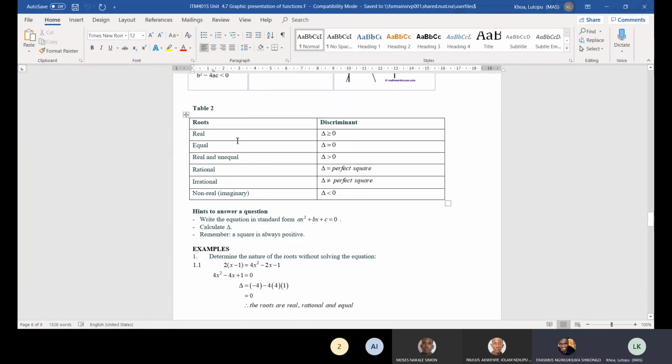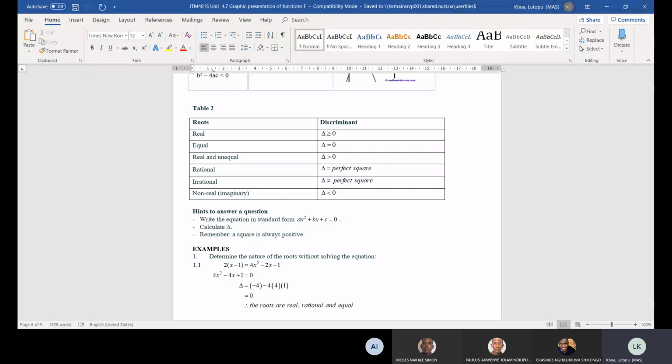Yes, miss. Okay, so this is like your category. All these notes are on e-learning. So when you work out your discriminant, like I got 0 here, you should go row by row and say, does it fall into this category here? Is it greater than or equal to 0? If yes, then you include that in your nature of the roots. Does it fall into this category? Then you include that in your roots. Does it fall into this category? Then you include that in your roots. So this is like your guide to tell you what type of roots you will have.